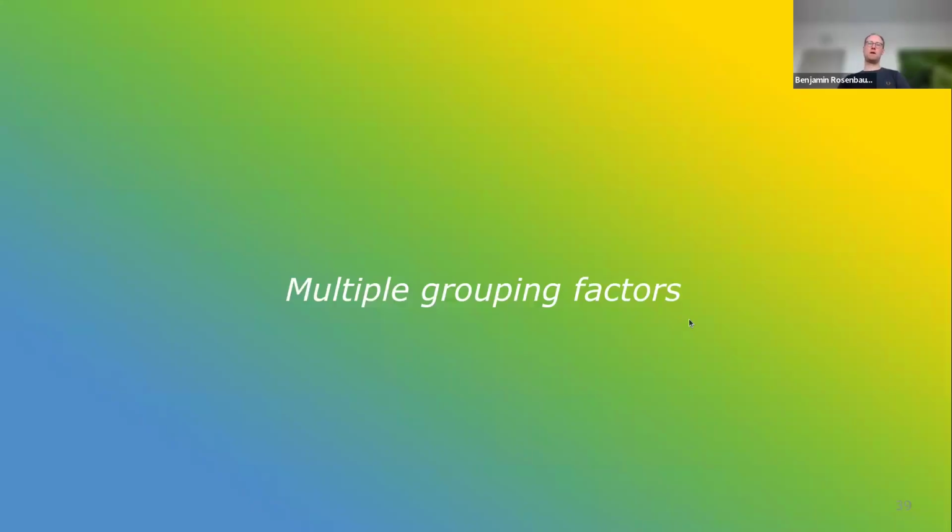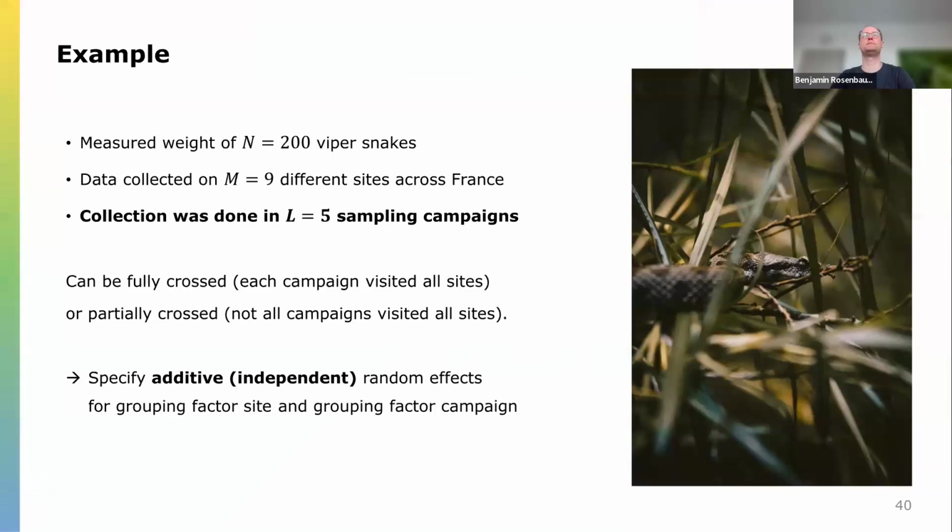Okay, so here site was just one grouping factor for which you accounted, but we also can have problems with multiple grouping factors. And there are different levels or ways to combine them. So here, this is the same example, 9 different sites, but now we have an additional predictor, which is time.